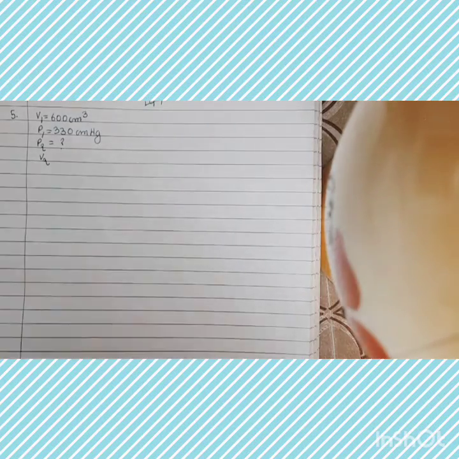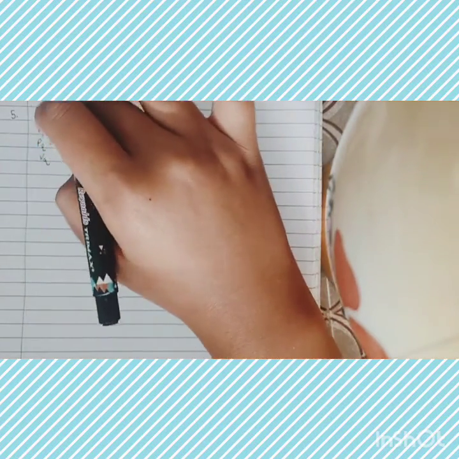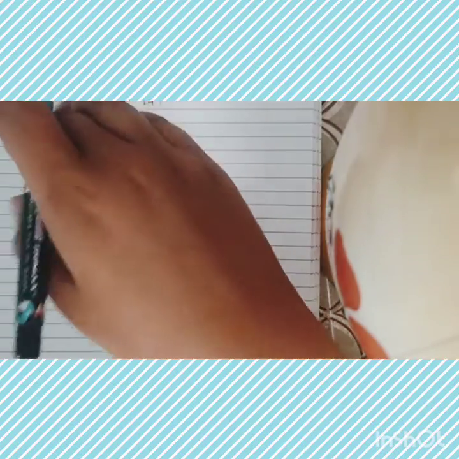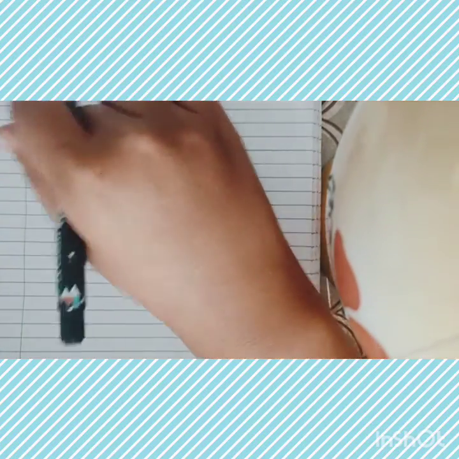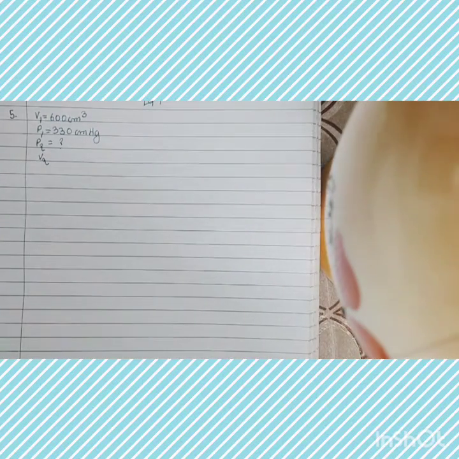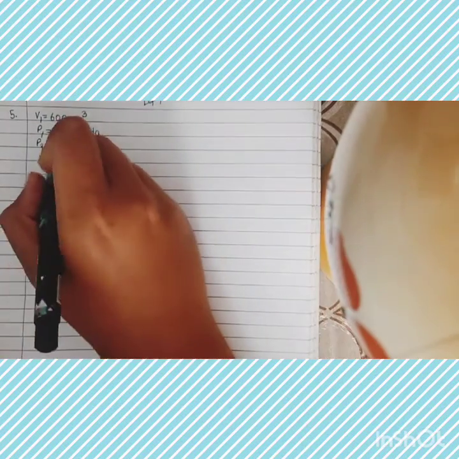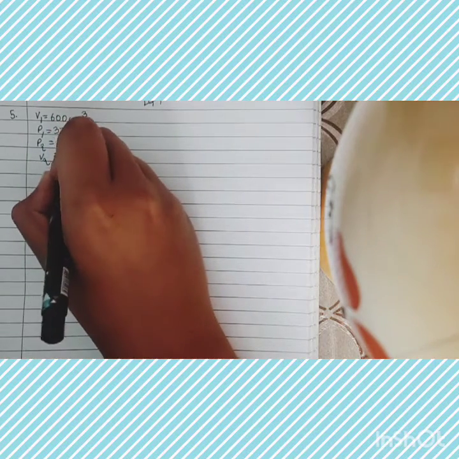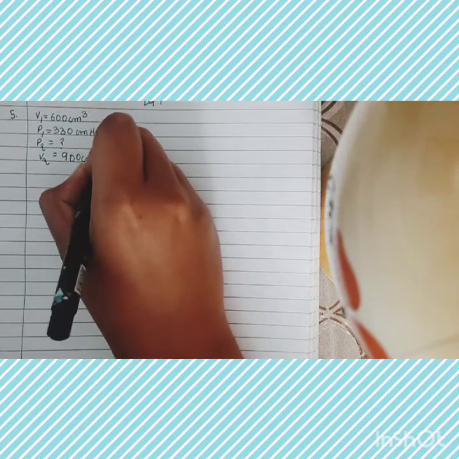So here we will add both the 600 centimeter cube and 300 centimeter cube capacity. When the vessel is connected to another vessel, it is addition, so it will be 900 centimeter cube.